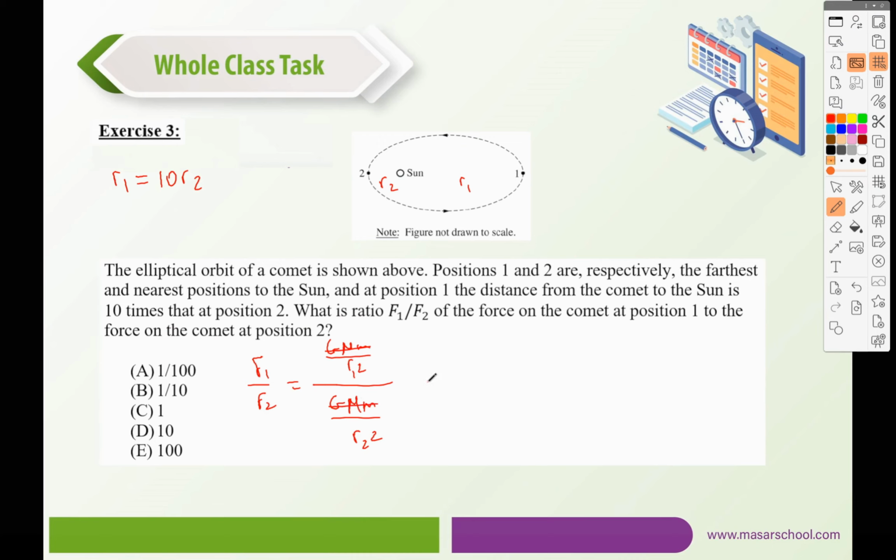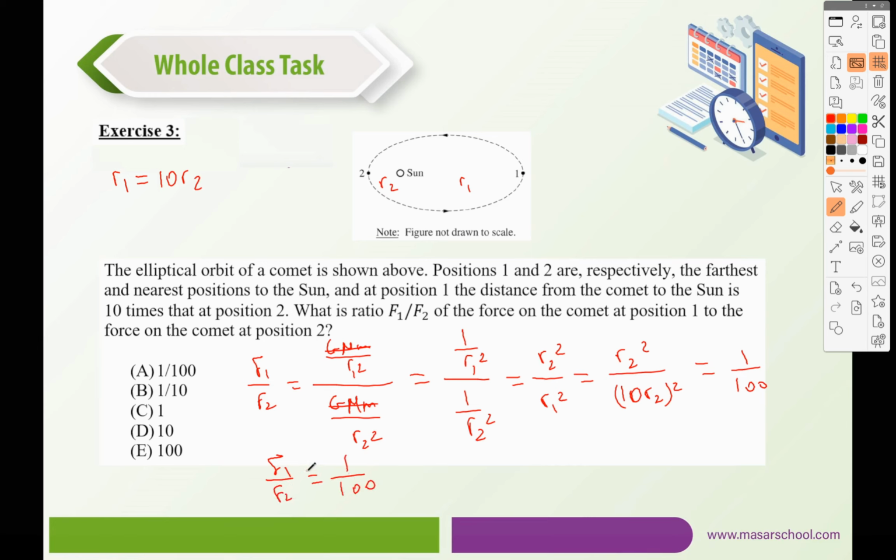We can simplify these. We're left with 1 over R1 squared and 1 over R2 squared, which equals R2 squared over R1 squared. That would be R2 squared divided by 10 R2 to the power of 2, which is 1 over 100, because the radii simplify. This means F1 over F2 equals 1 over 100, making A the correct answer.